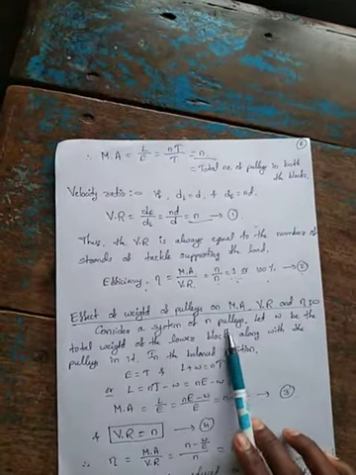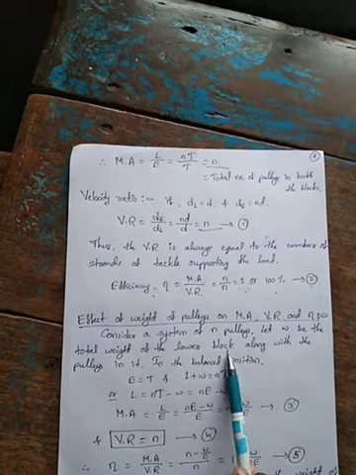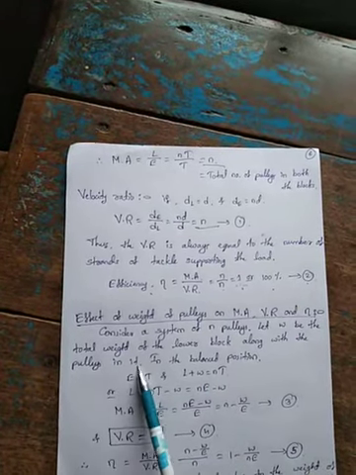Consider a system of n pulleys. Let W be the total weight of the lower block along with the pulleys in it.